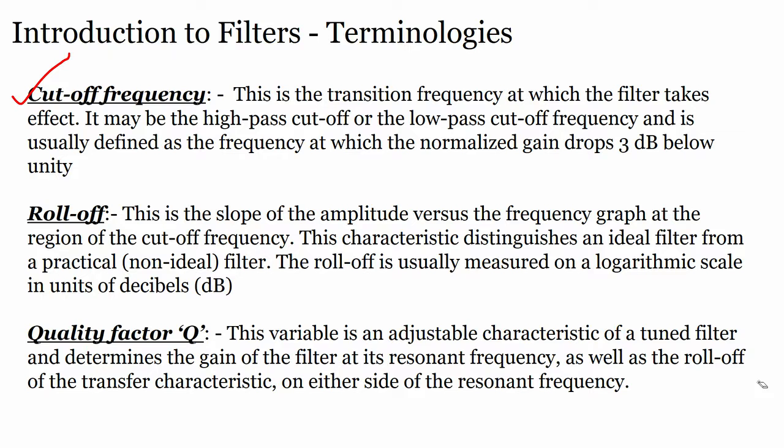Second attribute, what is the second attribute? Roll off. This is the slope of the amplitude versus frequency graph at the region of the cutoff frequency.